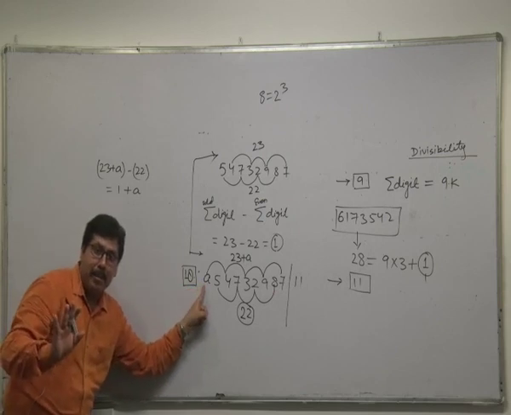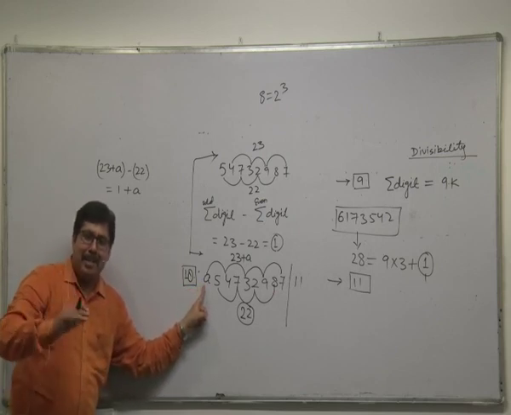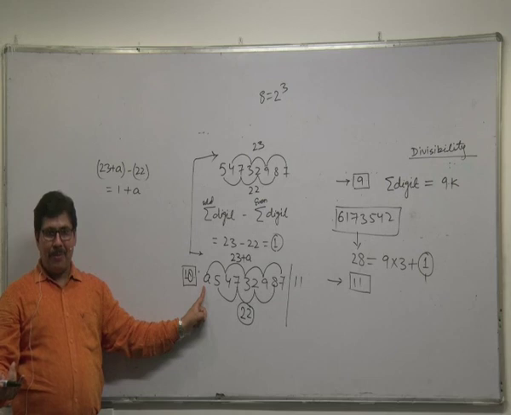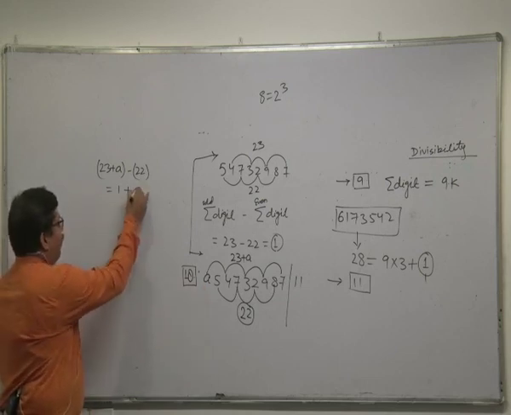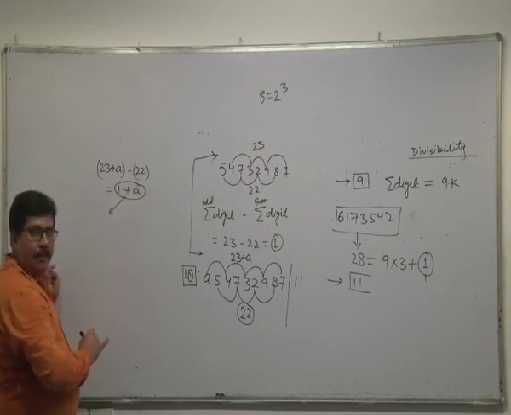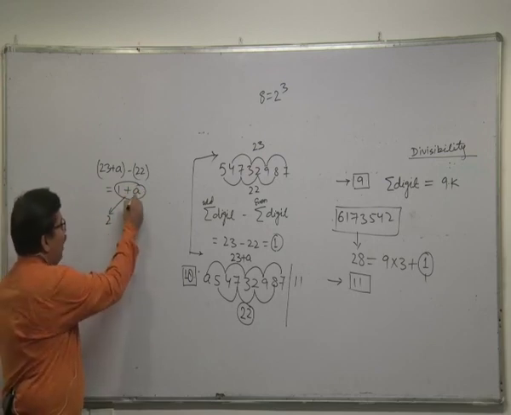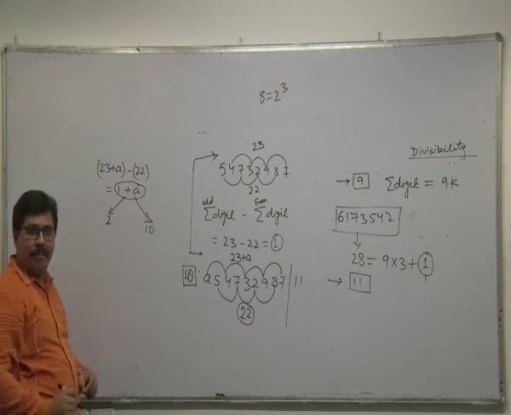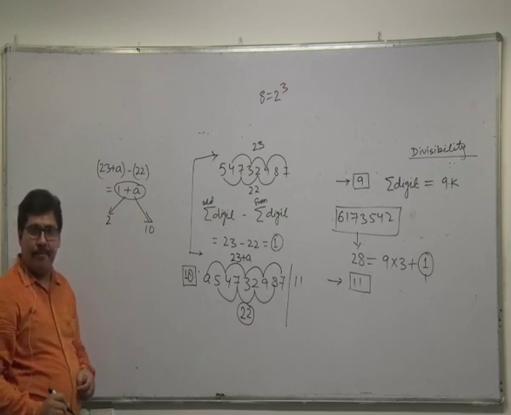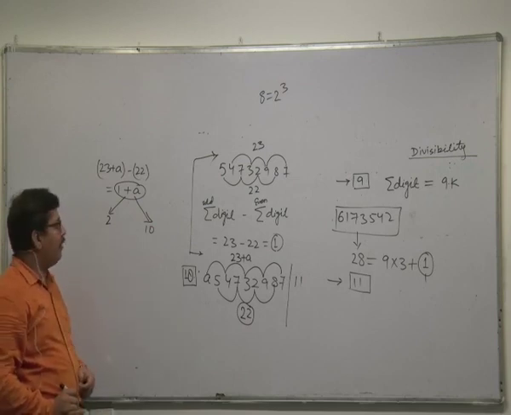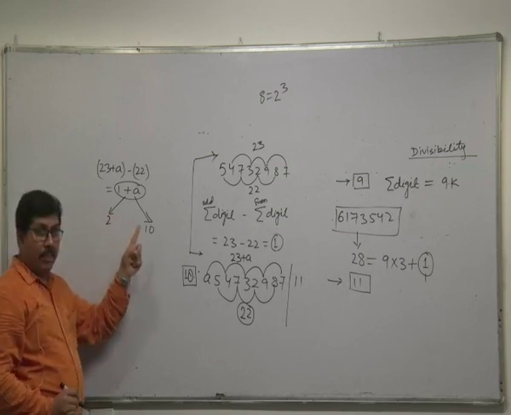One more thing. Most significant digit cannot be 0. So what is the range of A? 1 plus A, the minima is 2 and the maxima is 10. Right? Minima is 2 and the maxima is 10.